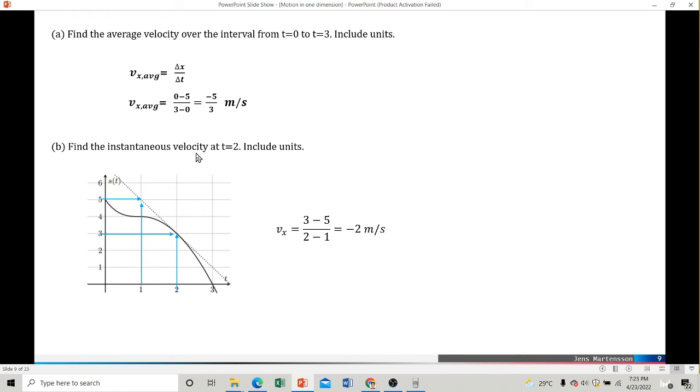Just for example, instantaneous velocity at t equals 2.